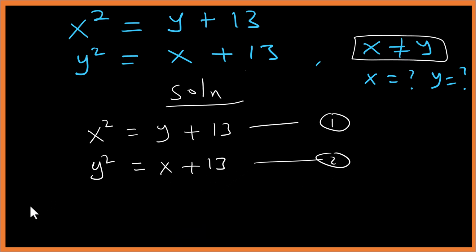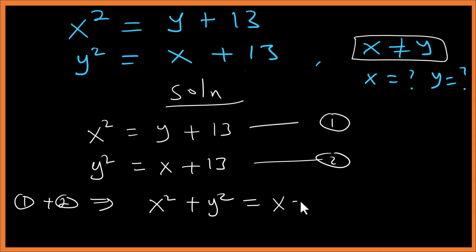Now let's add the two equations and see the result. So equation 1 plus 2, it will be x squared plus y squared equals x plus y plus 26. So let's call this one the third equation.